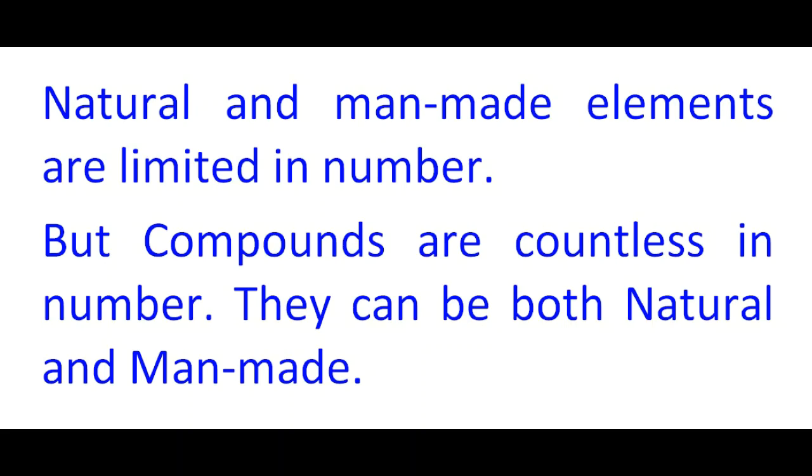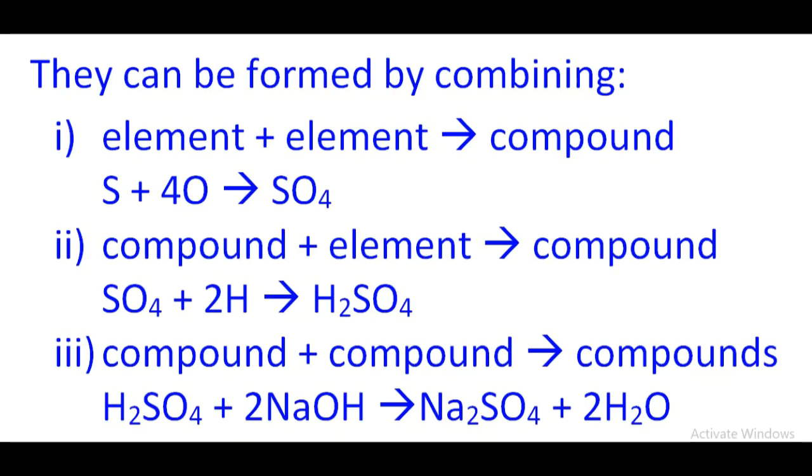They also can be man-made or natural. They can be found in 3 ways: by combining an element with an element, by combining a compound and an element, and also by combining a compound and another compound. Look at the figures, equations carefully.